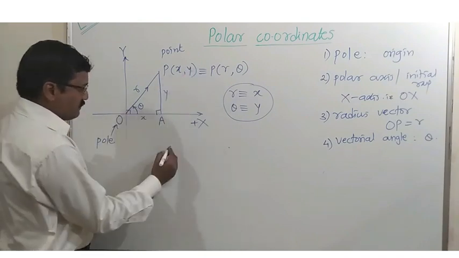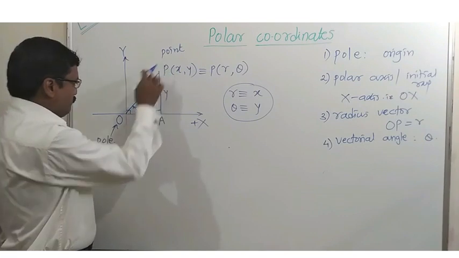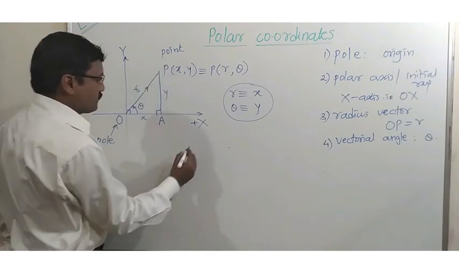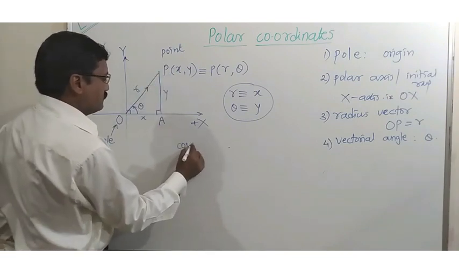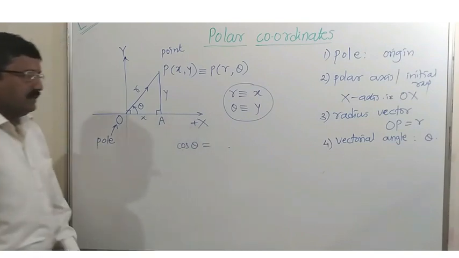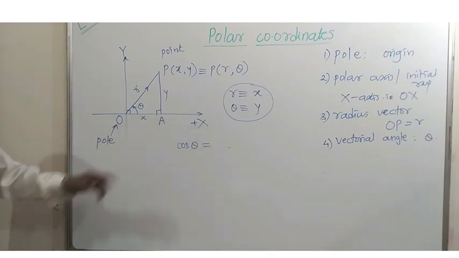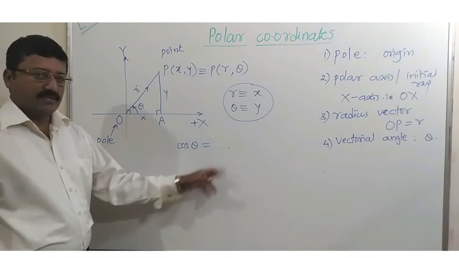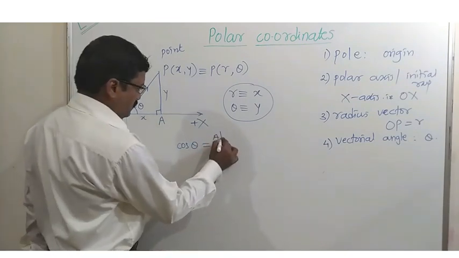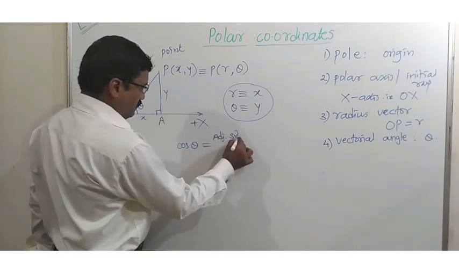For that, in triangle POA, if you find cos theta, then what is meant by cos theta? Cos theta means adjacent side upon hypotenuse. So what is the adjacent side?